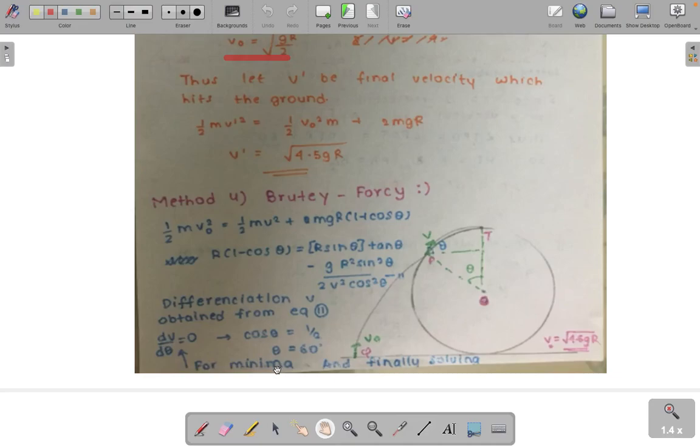Differentiating it, we would get cos theta equal to 1 by 2, and thus theta is equal to 60, which we had derived in the earlier three solutions. Finally, putting the value of theta in the value of v derived from this equation, and putting it in the conservation of mechanical energy equation, we would again reach v naught, the initial velocity, equal to under root 4.5 gr.